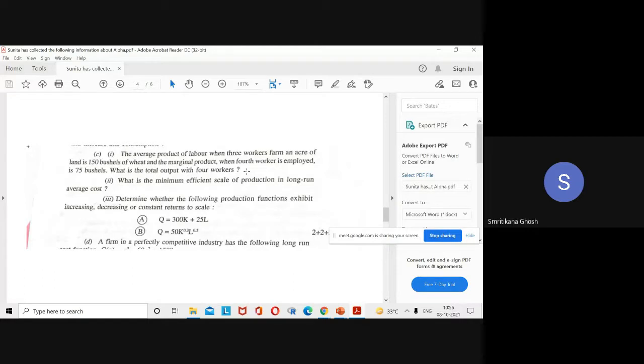Average product with 3 workers is 150 bushels. The marginal product of the fourth worker is 75 bushels. Then what is the total output with 4 workers?